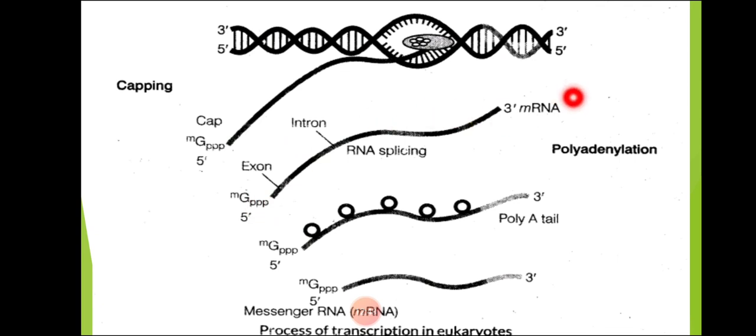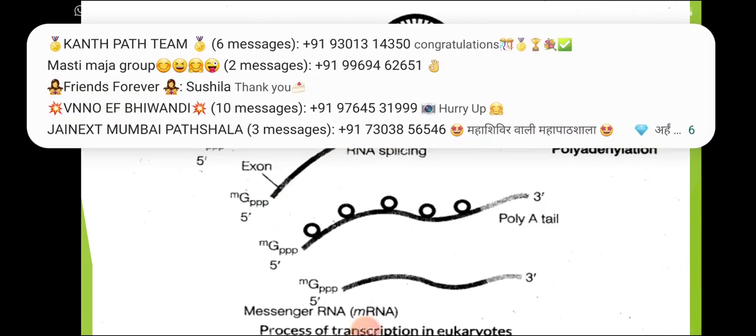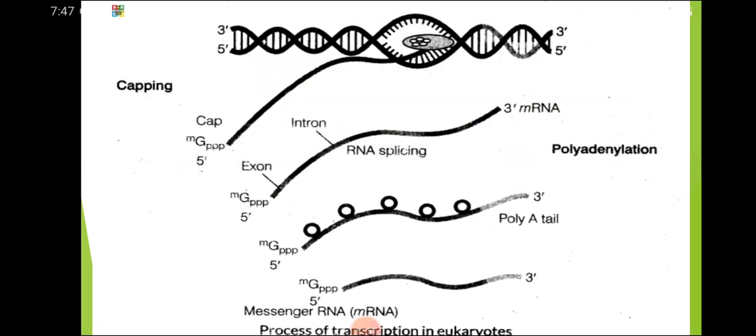As we have already discussed, exons are those genes that can express themselves, whereas introns are those that cannot express themselves. So we remove all the introns and all the exons are joined with the help of the enzyme DNA ligase. Removal of introns is called splicing.